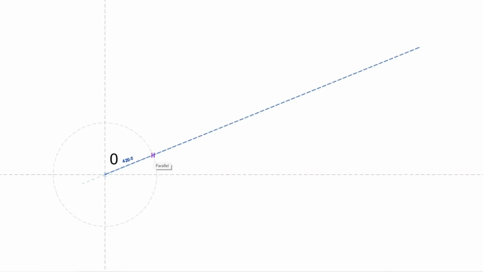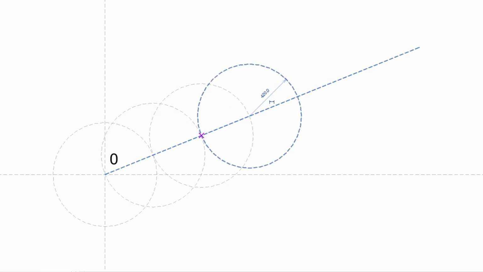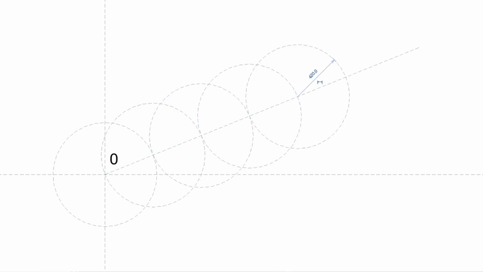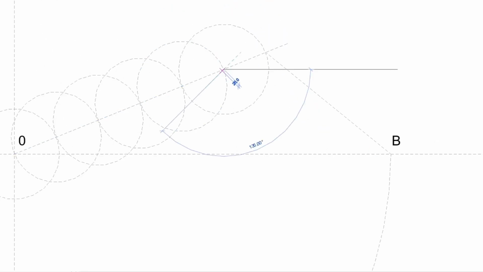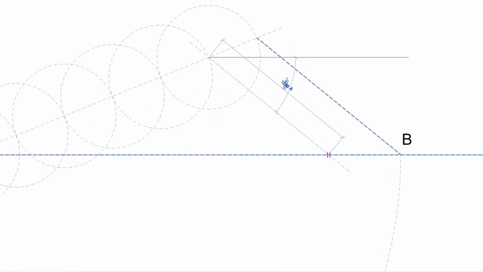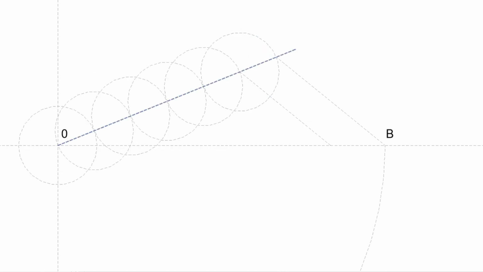So you can use your compass to do this, placing notches on the line. 4, 5, 6 measures. And then from point 5, inscribe a line parallel to the last line we just drew. And there we go.